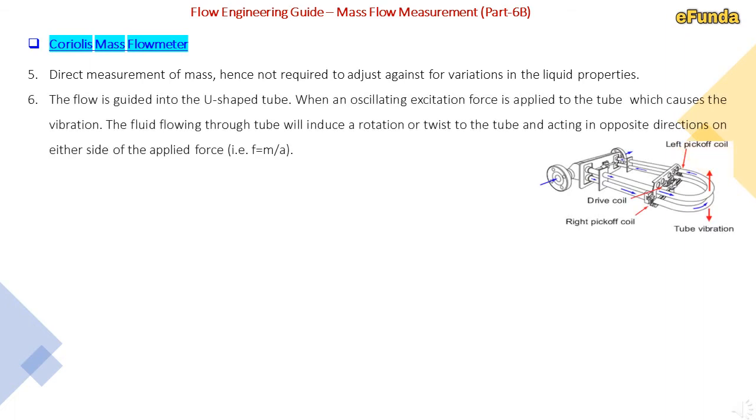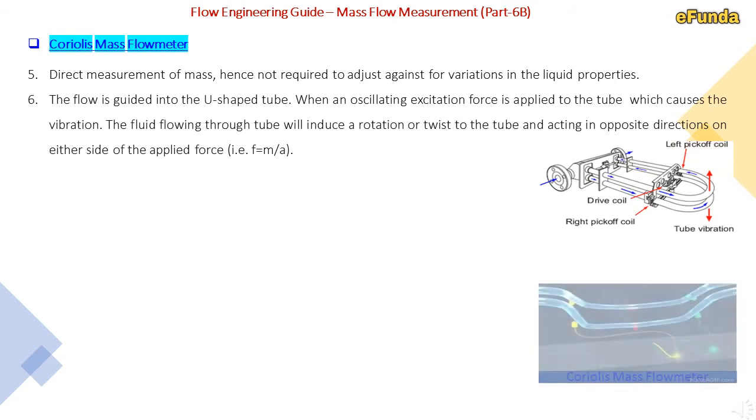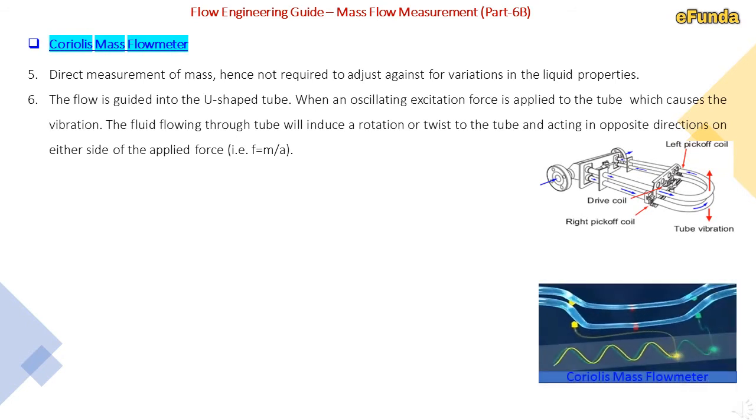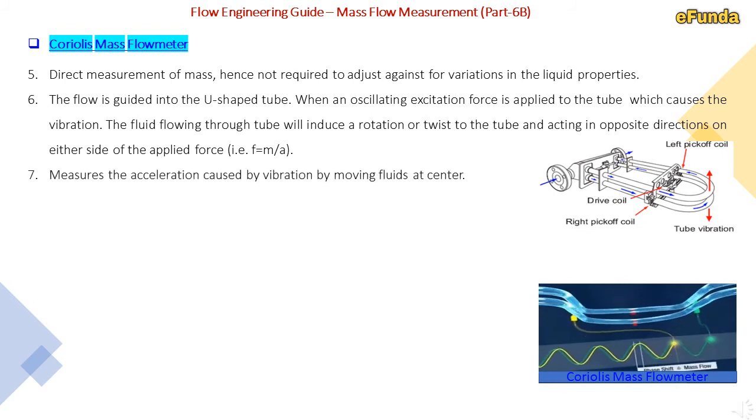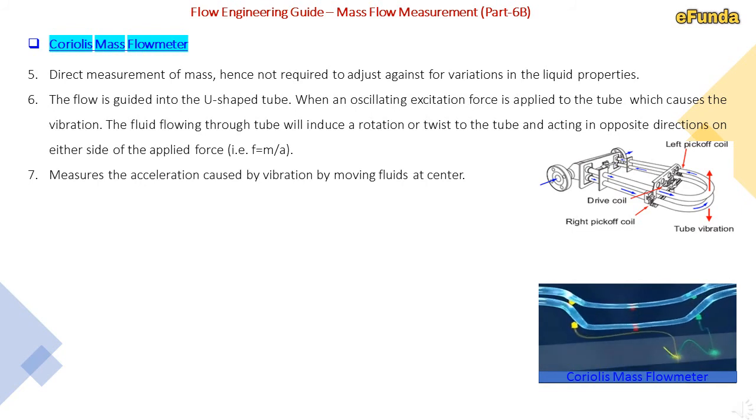The flow is guided into the U-shaped tube. When an oscillation excitation force is applied to the tube, which causes the vibration, then the fluid flowing through the tube will induce a rotation or a twist to the tube, acting in opposite directions on either side of the applied forces, that is F equals m times a. It measures the acceleration caused by vibration by moving fluid at the center.